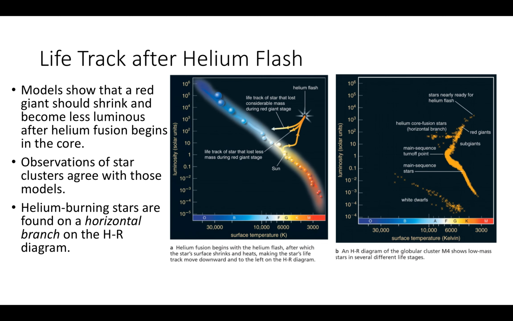After the helium flash, it should shrink and become less luminous, and our observations basically agree with that. So we have this horizontal arm in our HR diagram, or horizontal branch, that shows helium burning stars.